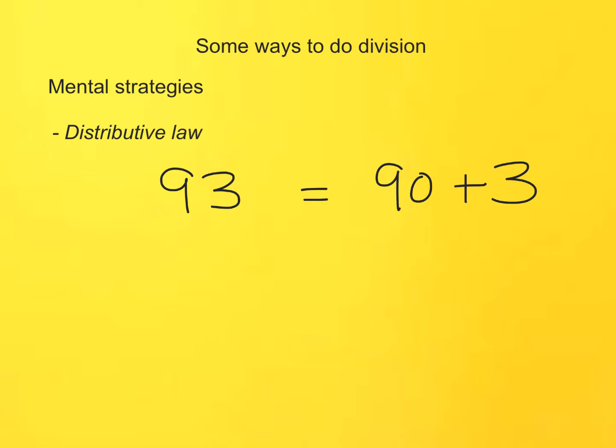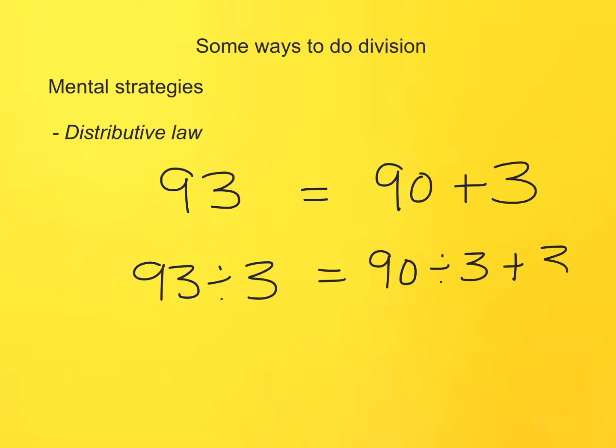So if we had the question 93 divided by 3, we could say how many times can 90 be divided by 3 plus how many times can 3 be divided by 3? Well, we know that 3 can go into 90 30 times, and 3 goes into 3 once, so therefore our answer has to be 31.